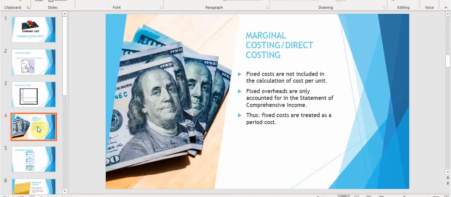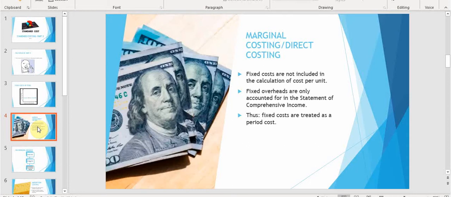Well, it's very important to take into account that each question will tell you a type of costing system that is applied. So when you do a standard costing question, we are going to tell you either that the business applies marginal or direct costing or absorption costing.